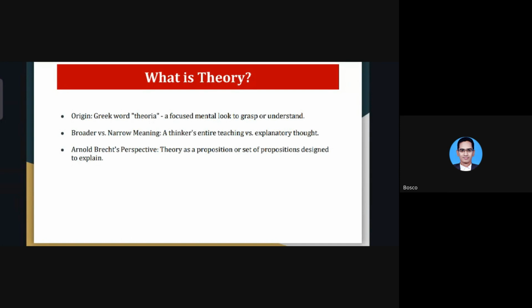And that's what the first line says: a focused mental look to grasp or understand. It has a broader view and a narrower view also. On one side you have a thinker's entire teaching, all the thinkers who are giving their ideas. Opposite to that, someone else will give a different idea.